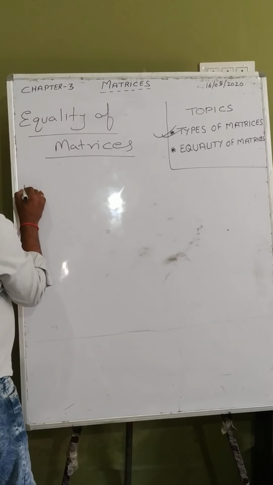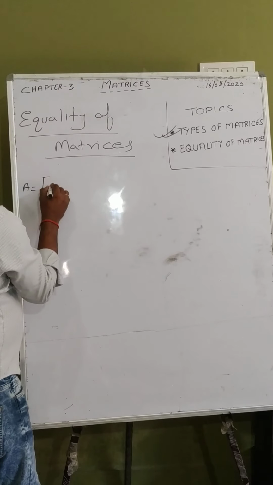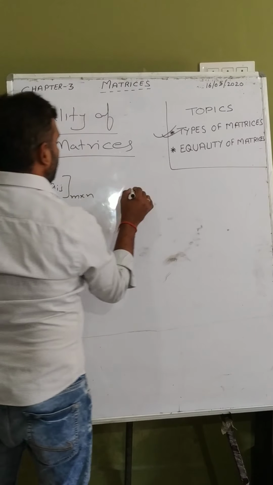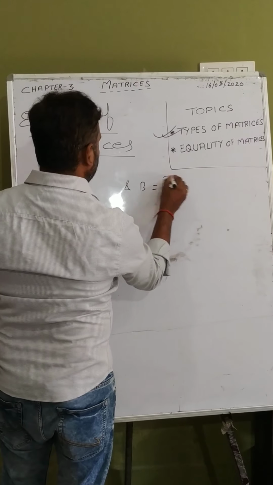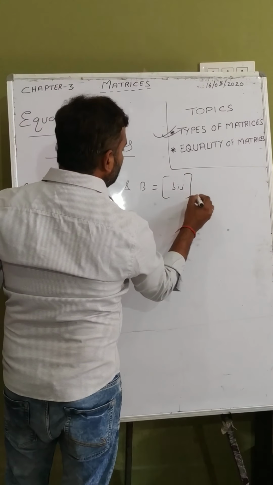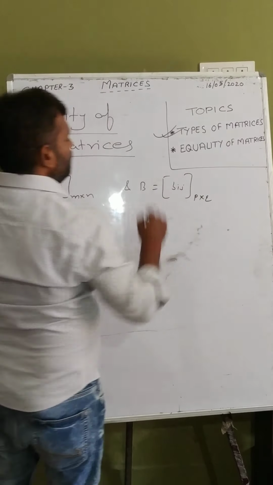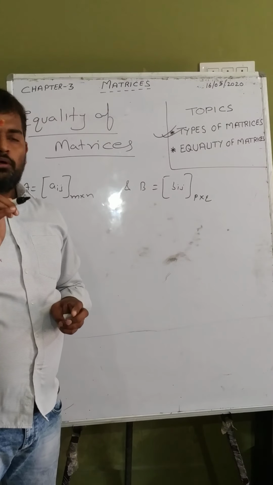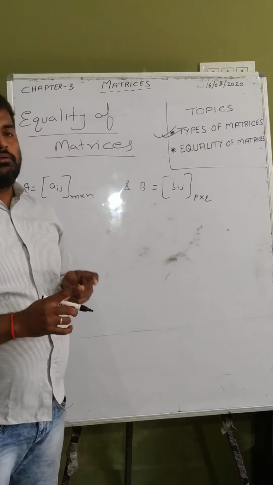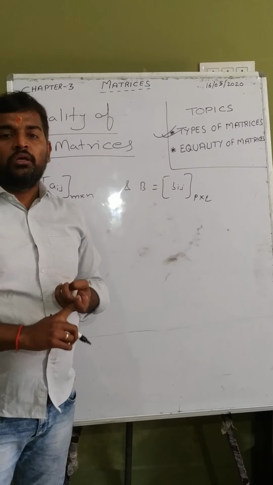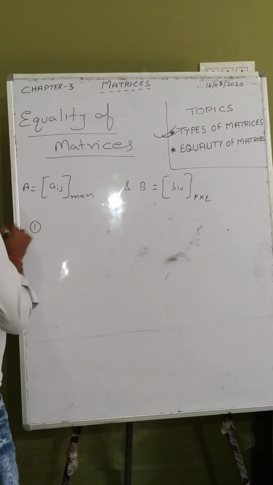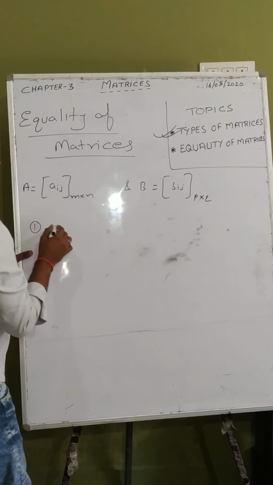Let us consider that A is a matrix aij of order m by n, and B is a matrix of order p by q. Then two matrices can be equal only when, first, their order must be same.